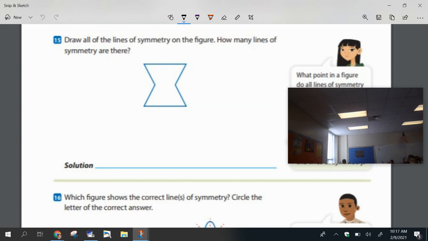If you want to trace it and cut it out, or if you want to cut it out. Actually, do not cut it out. You may trace it and cut it out because we're going to be doing stuff on the back side later. Okay? Don't worry about looking at it. So just see if you can figure out what one they have.